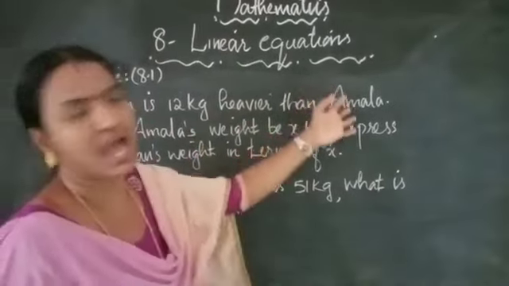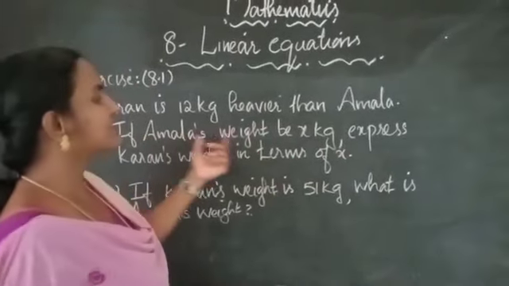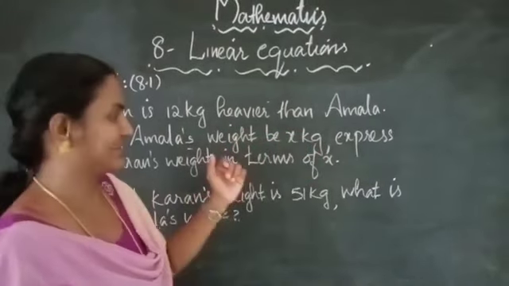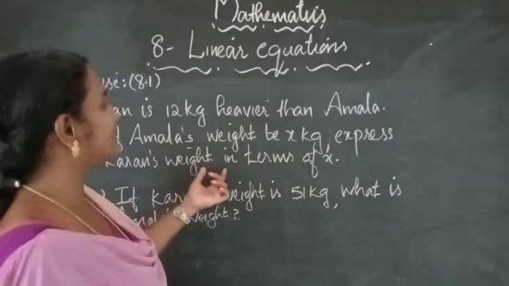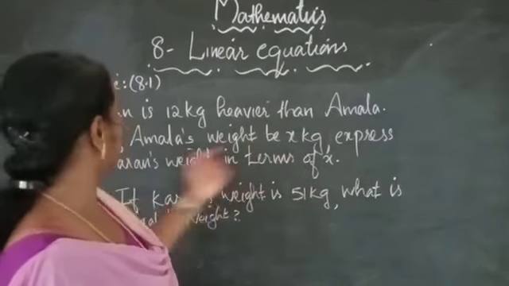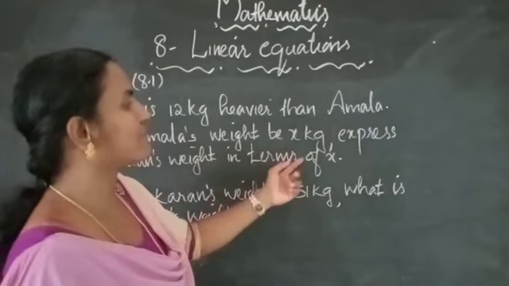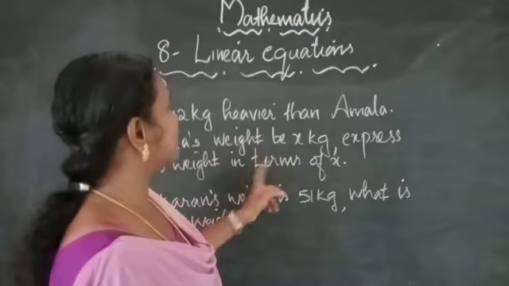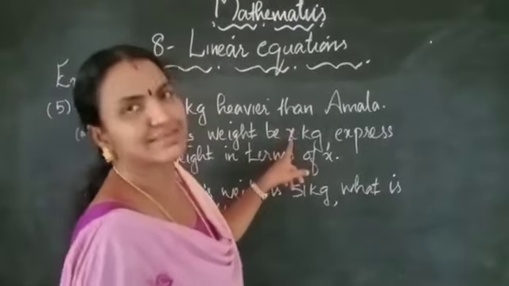If the weight of Amala is x, express Karan's weight in terms of x. So Amala's weight is x. So Karan's weight is x plus 12.